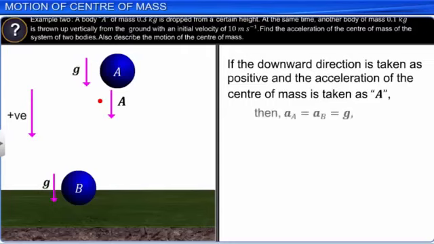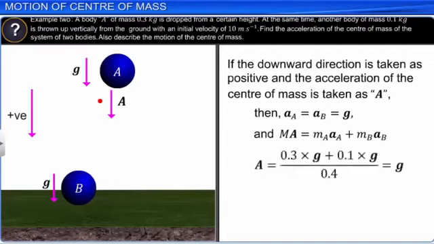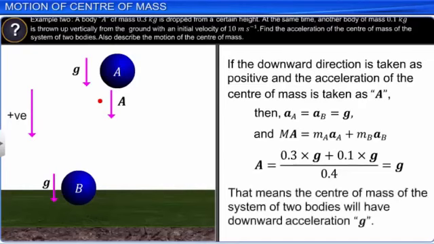And m into a is equal to ma aa plus mb ab. Therefore, a is equal to (0.3 into g plus 0.1 into g) whole divided by 0.4, which is equal to g. That means the center of mass of the system of two bodies will have downward acceleration g.